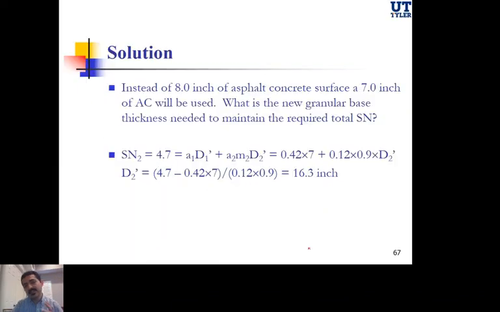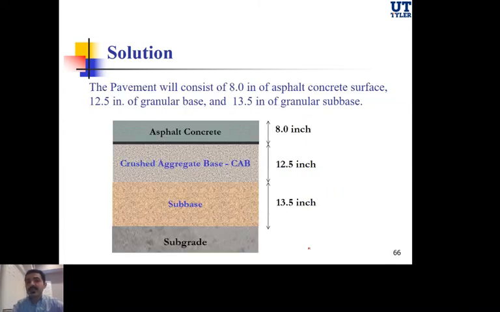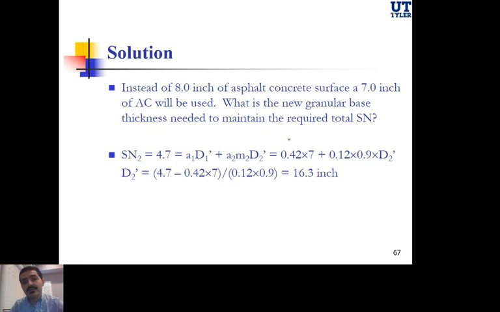One last thing I want to leave you with. Sometimes we run into a condition where, instead of the 8 inches required thickness for the top layer, we don't have that much asphalt pavement, and I can only do 7 inches instead of 8.